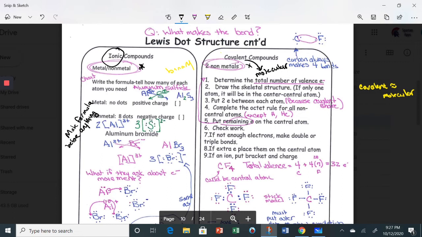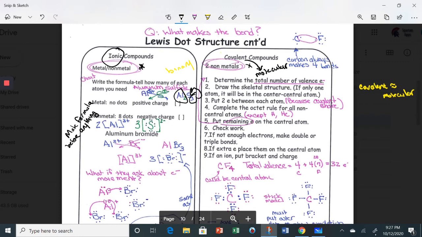This is aluminum sulfide. Looking at aluminum sulfide, aluminum's 3+, sulfur's 2-. I crisscross. I need 2 aluminums and I need 3 of the sulfur. So I can cheat. Aluminum's metal, no dots. I put the little bracket with the aluminum.